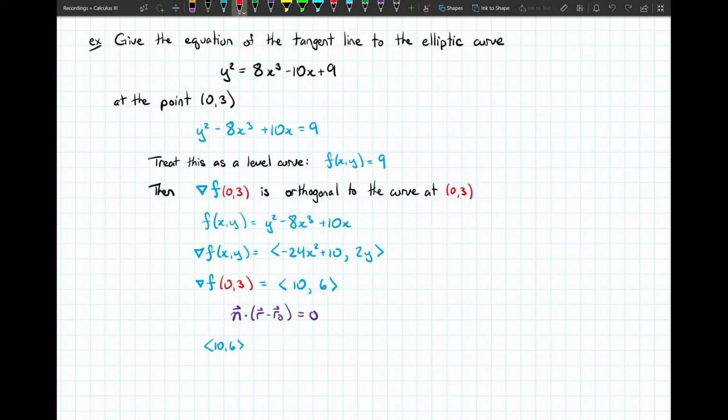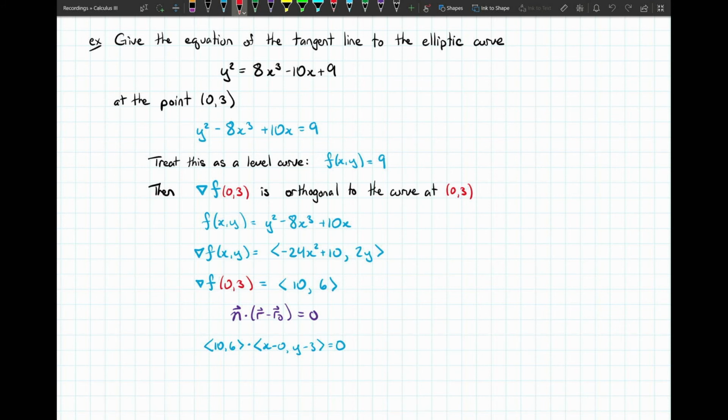So that'll get substituted in there for n. And our r0 is the position of the point that we have, in this case on the curve, (0, 3). So we're going to be taking the dot product of our gradient vector, (10, 6), and the vector (x minus 0, y minus 3), and we'll set that equal to 0.